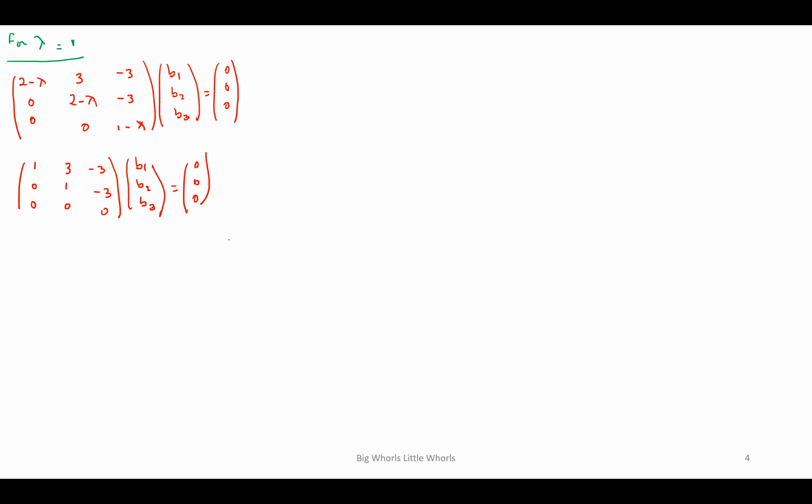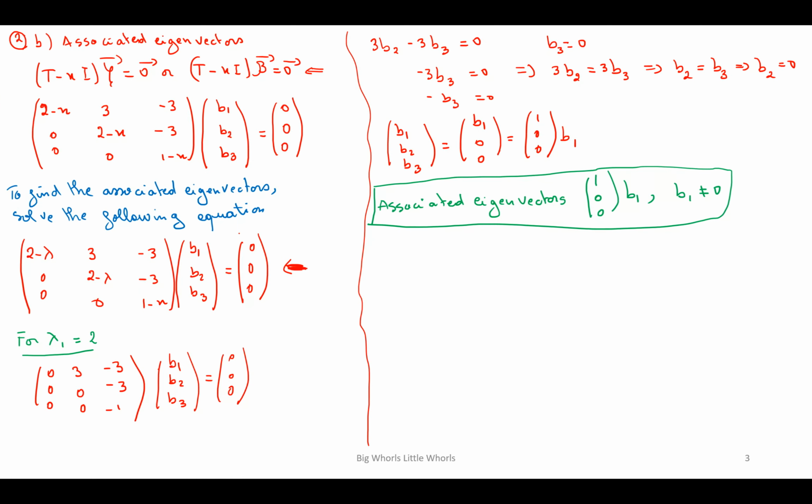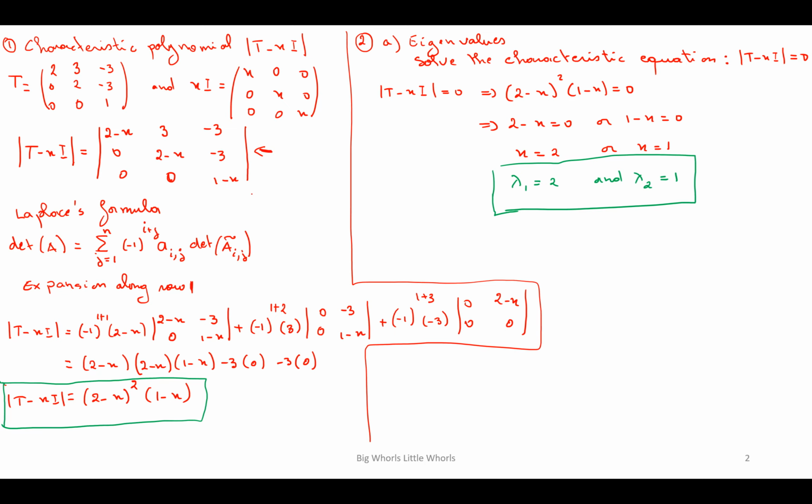Let me give you a quick note here. When we were doing the characteristic polynomial, I said we have two ways of finding the determinant of a matrix. We can use Gauss method or Laplace formula. Here I used Laplace formula just for revision purposes, but I can go for a shorter way by using Gauss's method, because this matrix is already in echelon form.